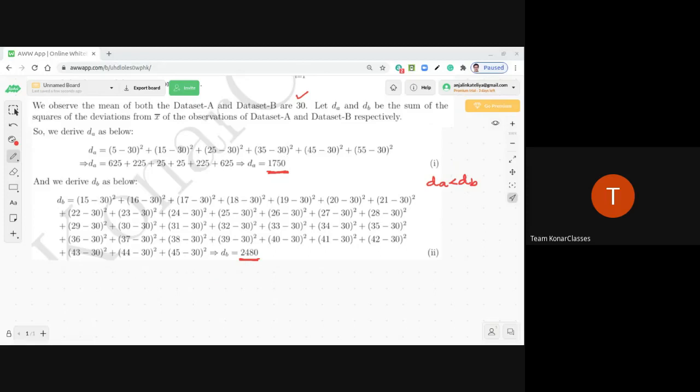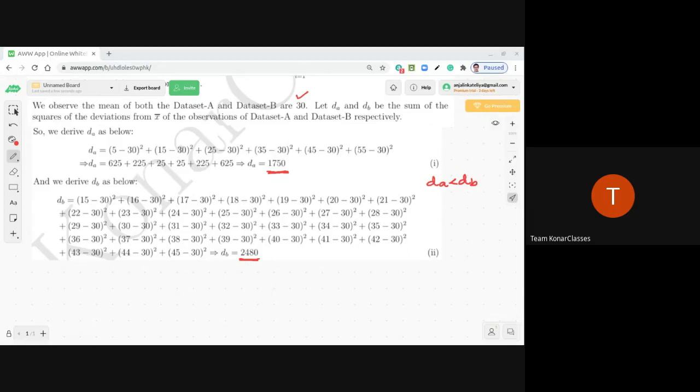So if you look into equations 1 and 2, we get dA less than dB, which means we conclude that the observations in dataset A are less dispersed than the observations in dataset B. That is the conclusion we are drawing by looking into the values of dA and dB.